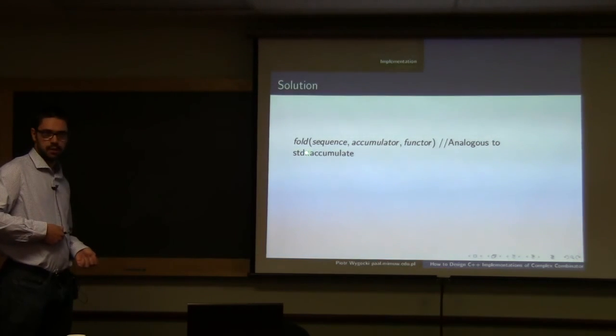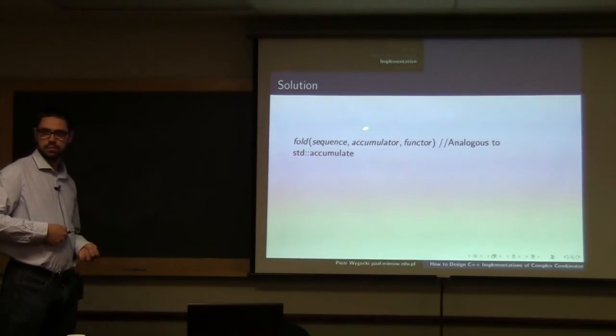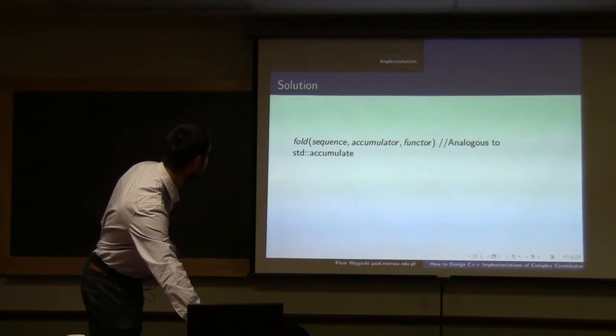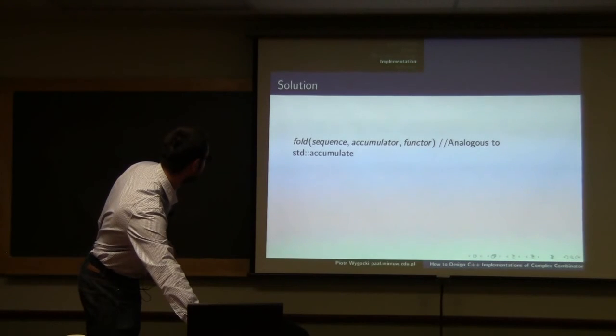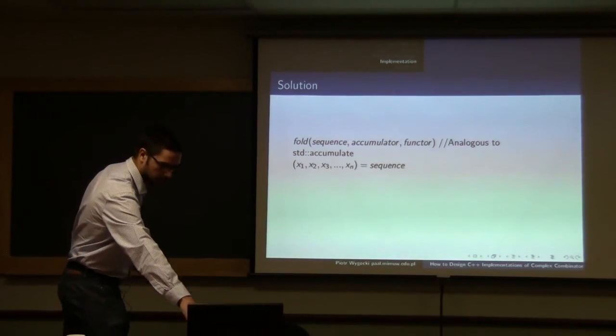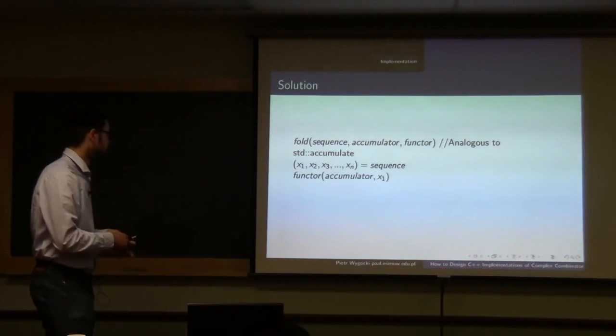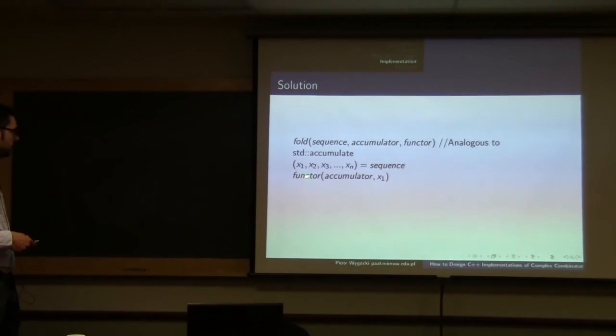Who heard about fold before? Okay. Still, there are a couple of people. I'm going to explain what happens here. If this is our sequence, in order to compute fold, you just run our functor on the accumulator and the first element of the sequence, and this gives us the new accumulator.